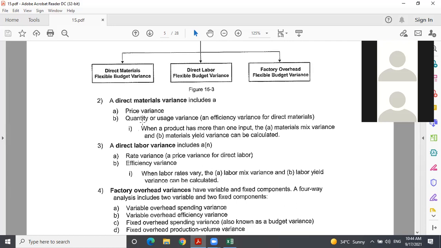Now there is a variance because I had to put in 6 raw materials to get a final product, because of the inefficiency. Clear? When a product has more than one input, the material mix variance and material yield variance can be calculated. So when you calculate the material variance, you can divide it into price variance and quantity variance. Then quantity variance can be divided into material mix variance and material yield variance.